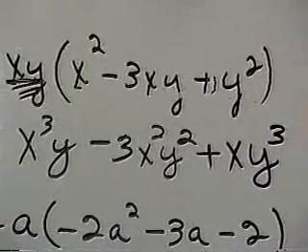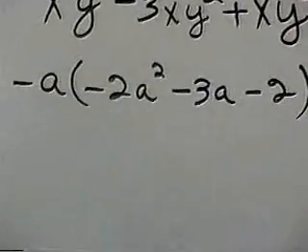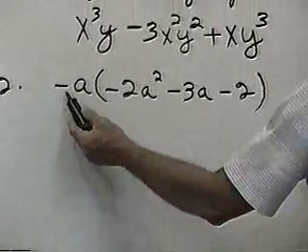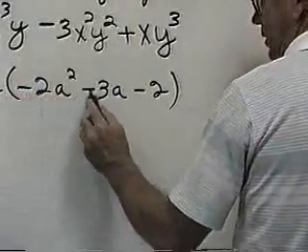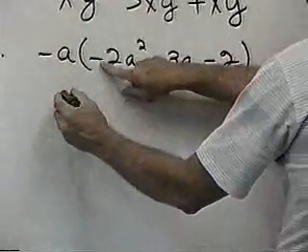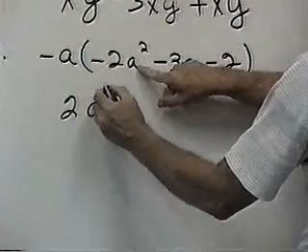All right, let's look now at number 12. We have a minus out here, and all that does, when we remove the parentheses, is change the sign of everything inside. So what is a minus times a minus? That's a plus 2. And then a times a squared is a cubed.